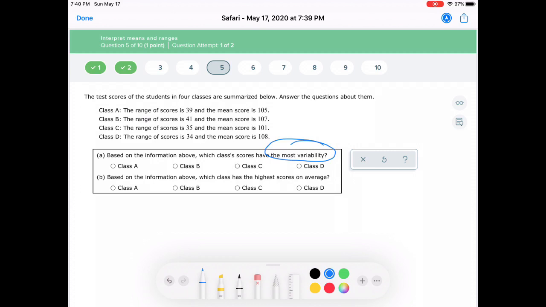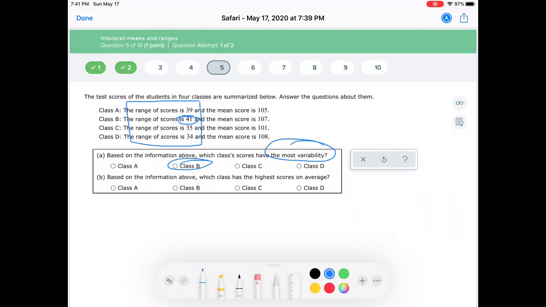So when we say what has the most variability, that means which one has the numbers that are the farthest apart or have the biggest spread, and that's exactly what range is. Range talks about how spread out the numbers are. So we just have to look at the range of scores for each one. Class B has the largest range, so they have the most variability here.